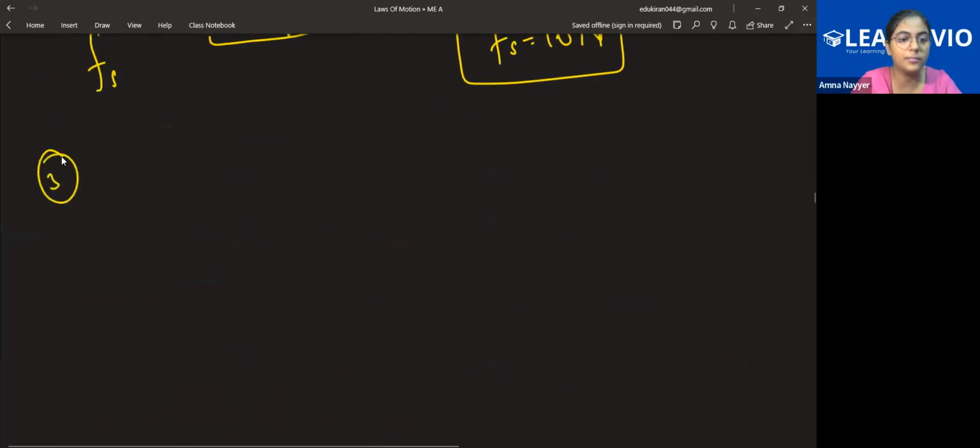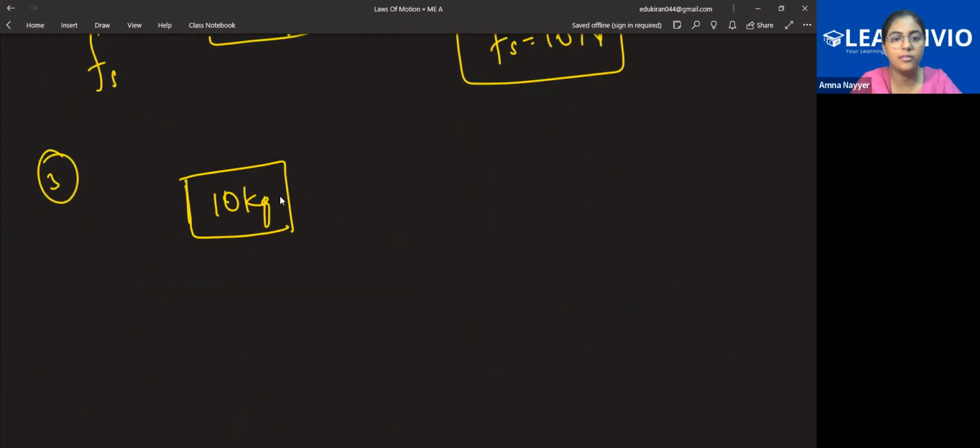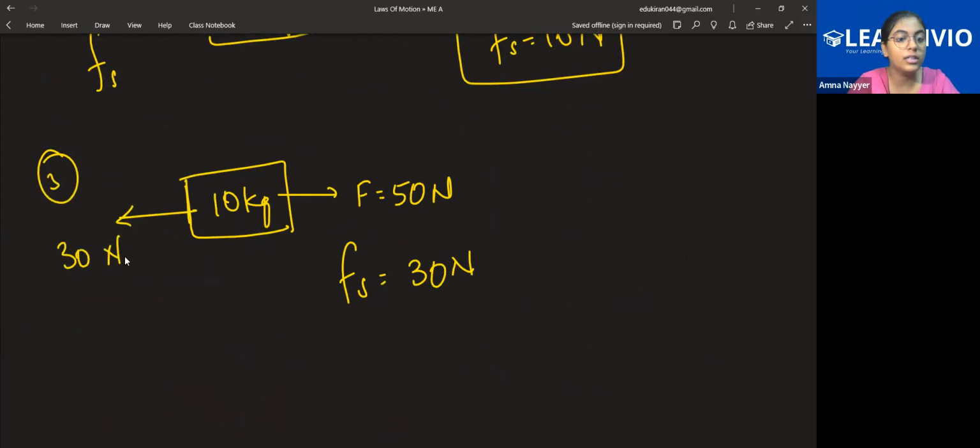Now here, look, this is a body of mass 10 kgs. Here the force applied is 50 Newton. Now what is the static friction? We have calculated in the first part. Remember the static friction, 30 Newton. It means behind, 30 Newton will be acting, right?